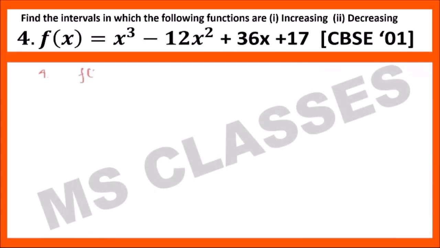Next, f(x) equals x cubed minus 12x squared plus 36x plus 7.